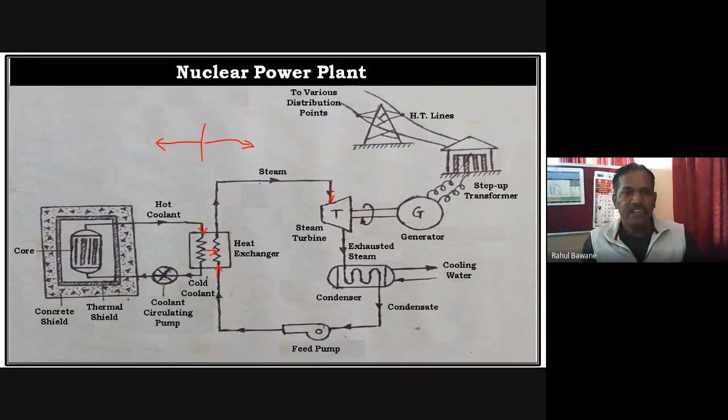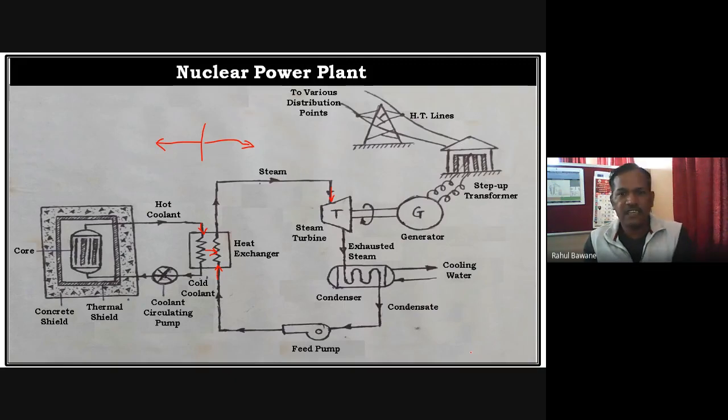When heat is generated in the core, to cool down that core we supply a coolant. While passing through the core, that coolant becomes hot. That hot coolant is passed through a heat exchanger, where it exchanges its heat to incoming water, and the coolant, cooled down after delivering heat, is recirculated again to the core.